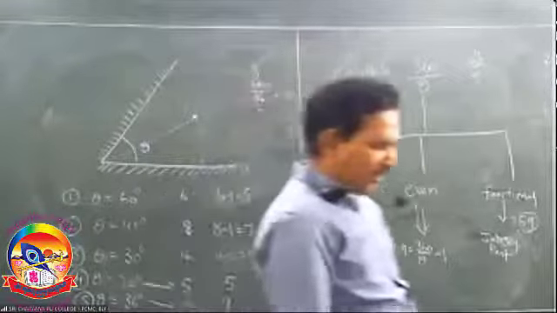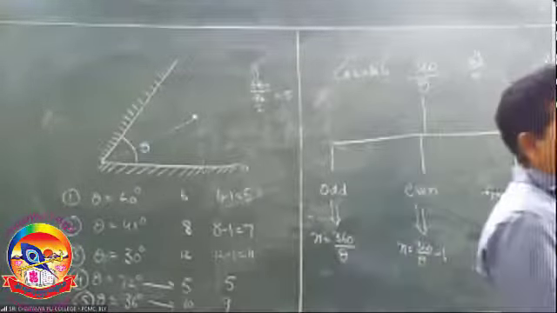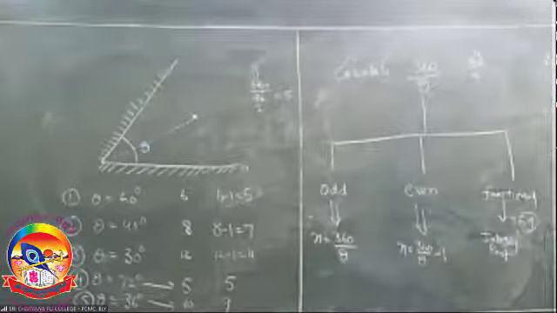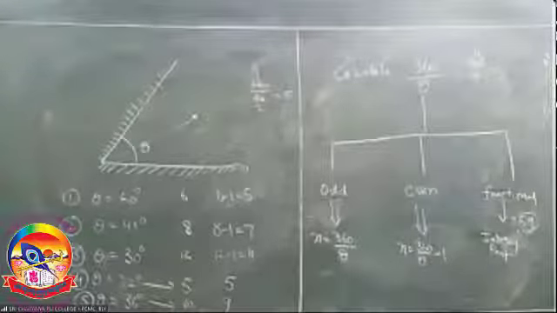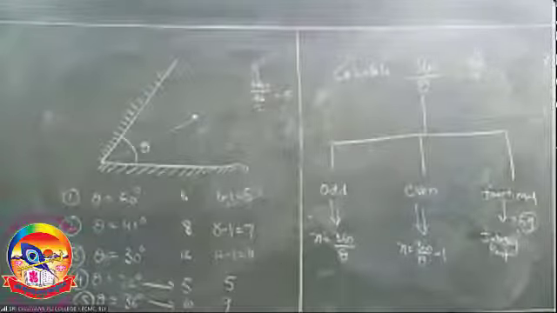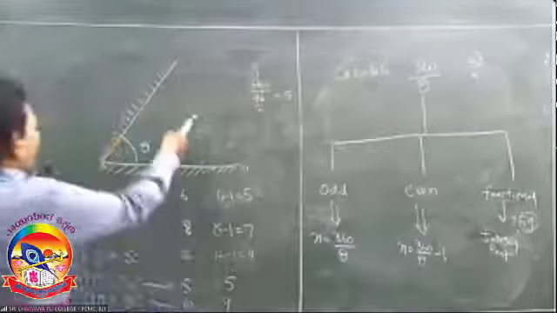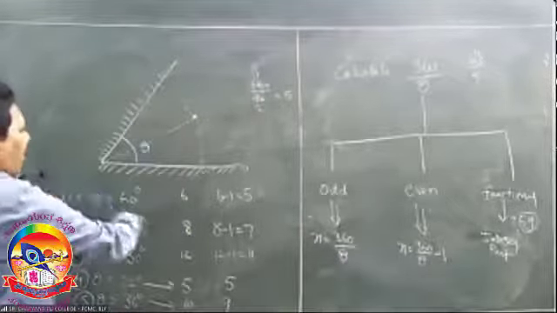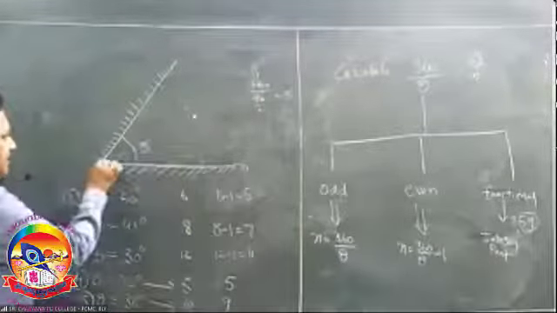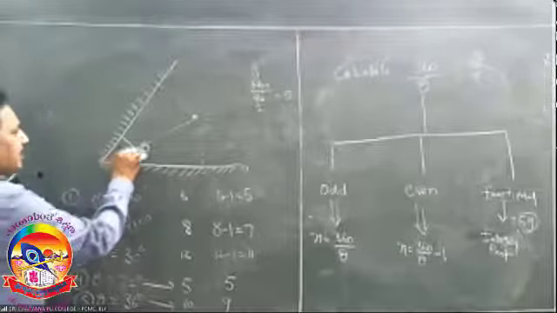How to calculate the number of images in case of inclined mirrors? Multiple images will be formed. All those multiple images will lie on a circular path, by taking this point as center and this as radius.